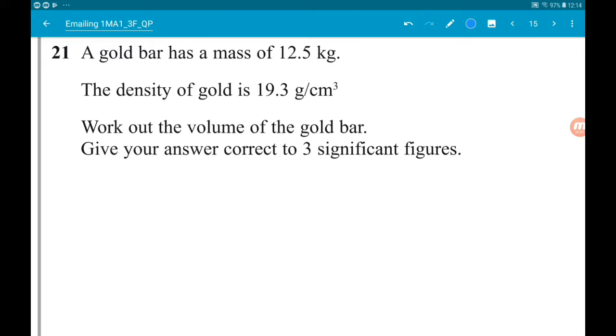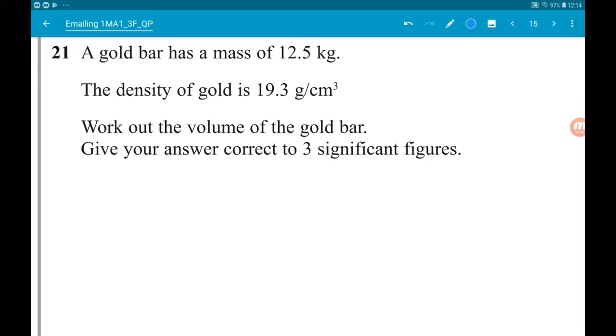Okay, number 21. A gold bar has a mass of 12.5 kilograms. The density of gold is 19.3 grams per centimetre cubed. Work out the volume of the gold bar. Give your answer correct to 3 sig figs.